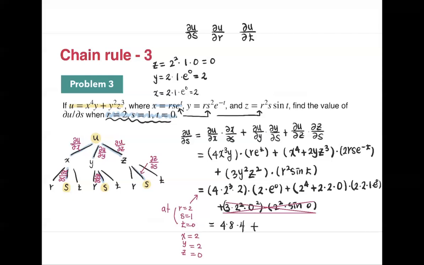Plus 16 plus 4 times 4. Okay, sorry, here it is multiplied by 0, so it must be 0. So the last term is just the 2 to the 4, it is 16 times 4.